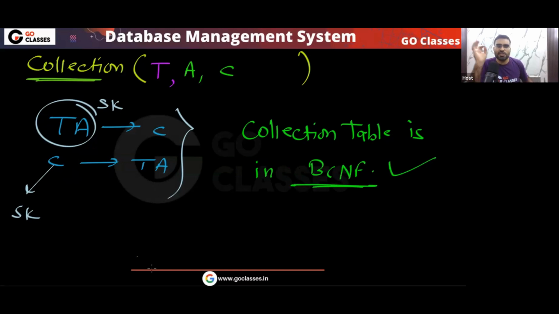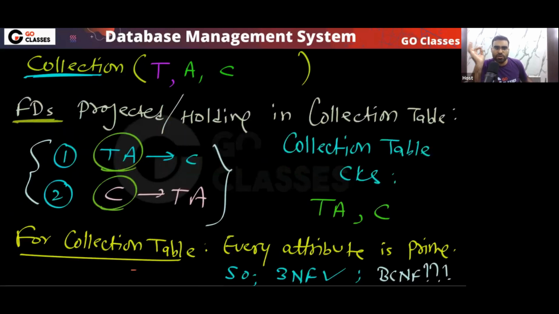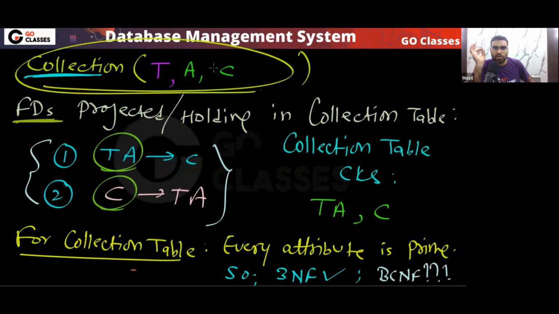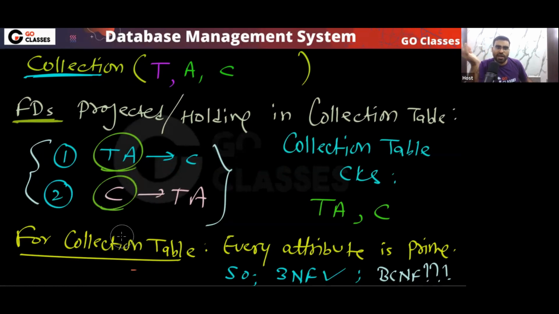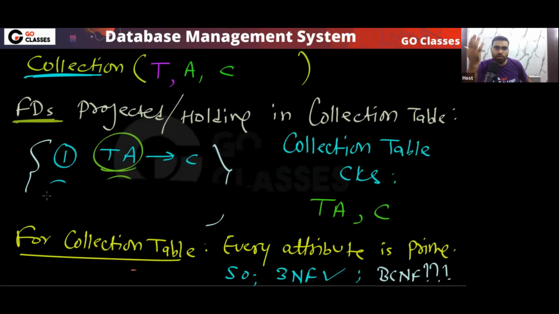This is the correct analysis of this question. I have seen many students do the analysis of this collection table without this FD. Please tell me, did you solve this GATE exam question yourself, and in this collection table, did you take this second FD or not? If you did not take this second FD, then that is wrong.